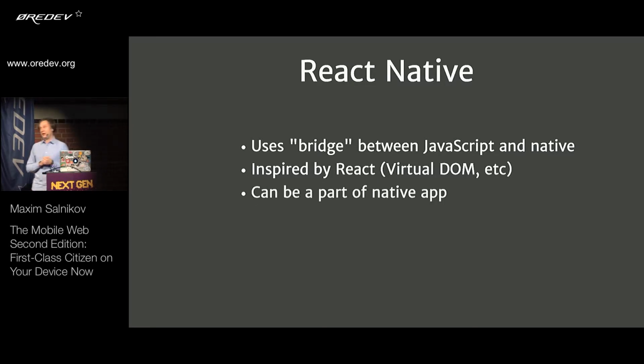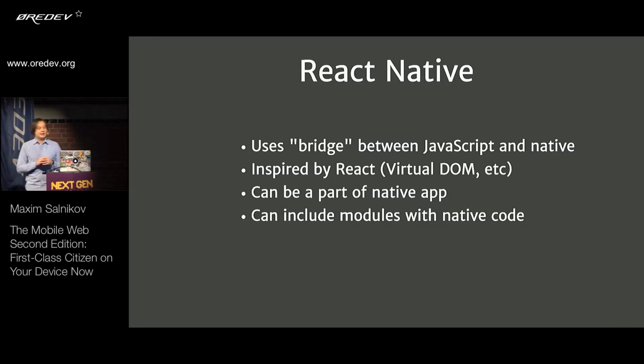First, we can have a React Native application as a part of our native one. And this is the way it works, for example, for your mobile Facebook application, for your mobile Instagram, and Airbnb, and a lot of other really native mobile apps. Plus, we can include modules written in native language.